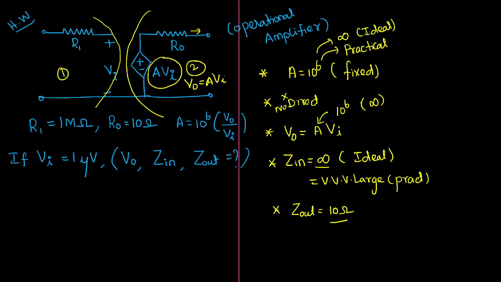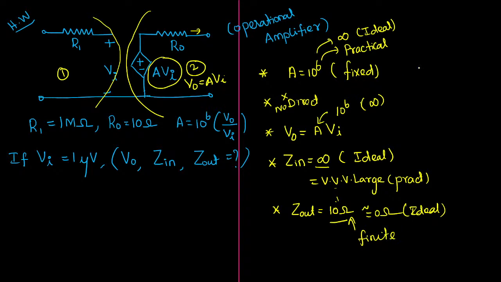Infinity means very large, it is undefined, it's very huge. When I compare this value with this 10 ohm, output impedance is almost equal to 0 ohm. Sorry, ideally, not practically. So the value of output impedance is ideally 0, but practically it has some finite value.